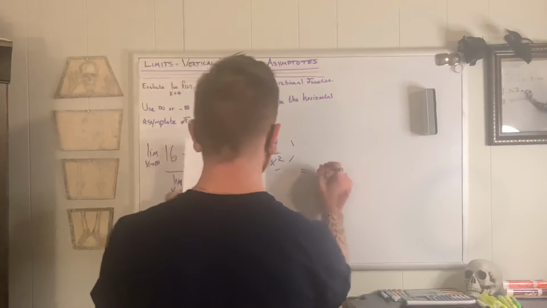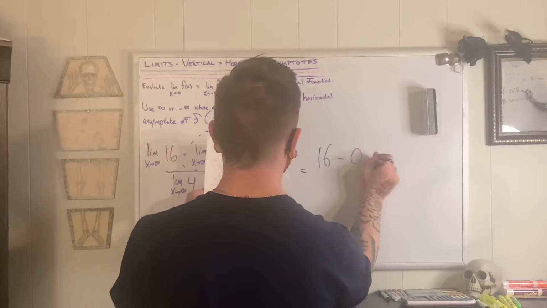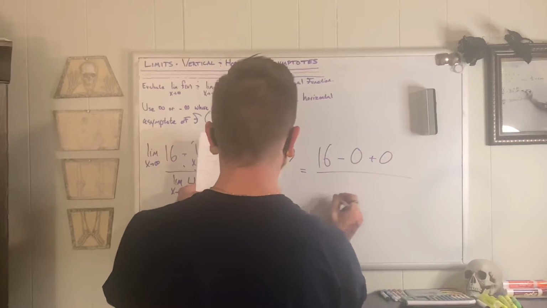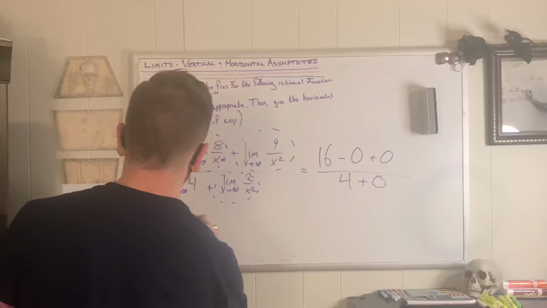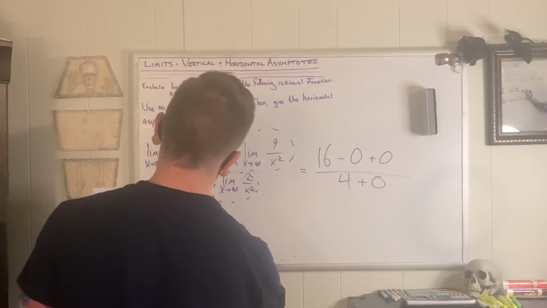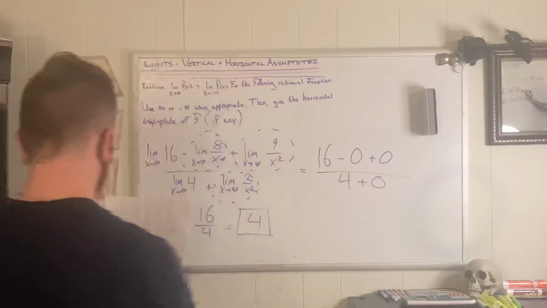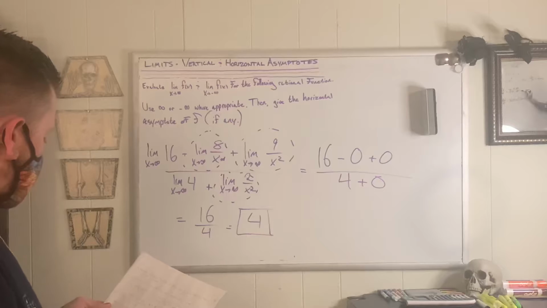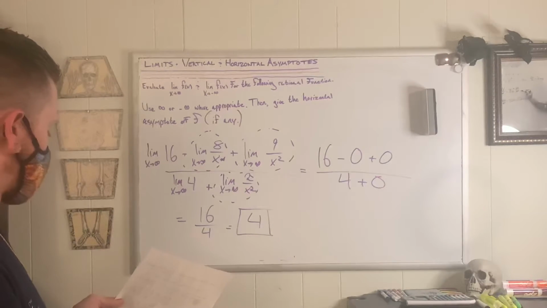So we could say this is 16 minus 0 plus 0 divided by 4 plus 0, which is simply 16 divided by 4, or 4. Okay, so the limit as x approaches infinity of f of x equals 4.